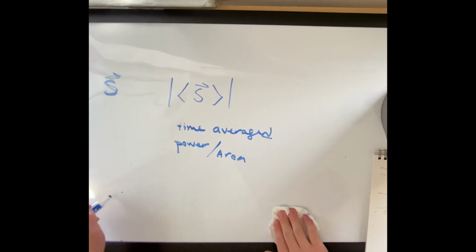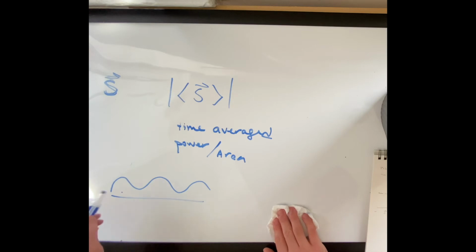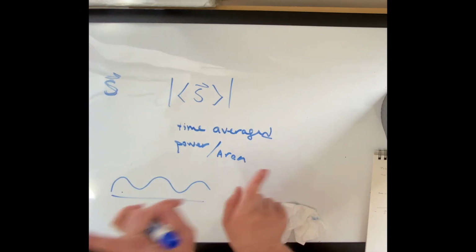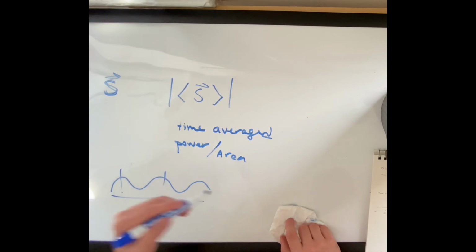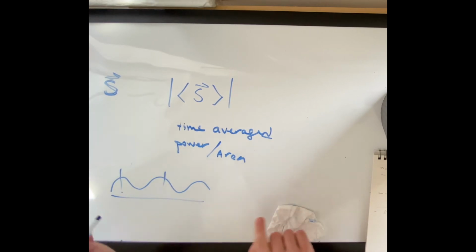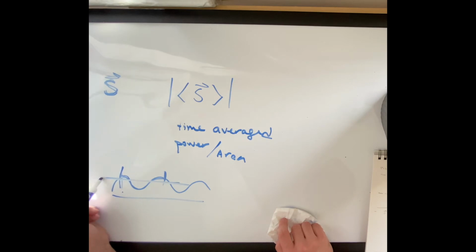It'll go like this, because of the way the cross product of the two things works when they're in phase. It also depends on what phase they're in, because the magnetic field could be at a different phase than the electric field. But if you take one full period and average it, you'll get some value like this, and this will be the time average value.